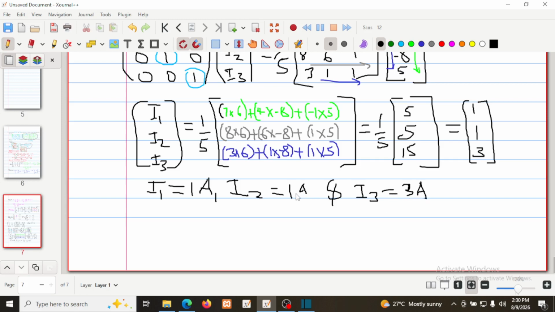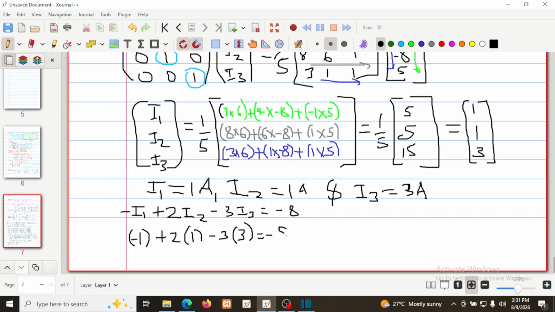Now we can confirm. Let's confirm using the equation negative I1 plus 2 I2 minus 3 I3, which gives us negative 8. If we replace, current 1 is 1, so negative 1, then plus 2 times current 2, which is 1, then minus 3 times current 3, which is 3.